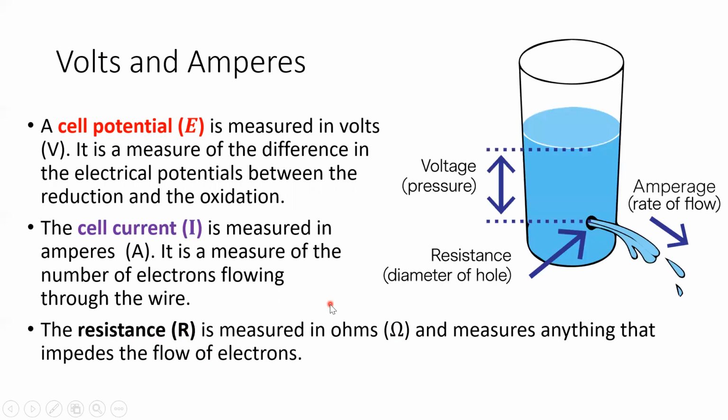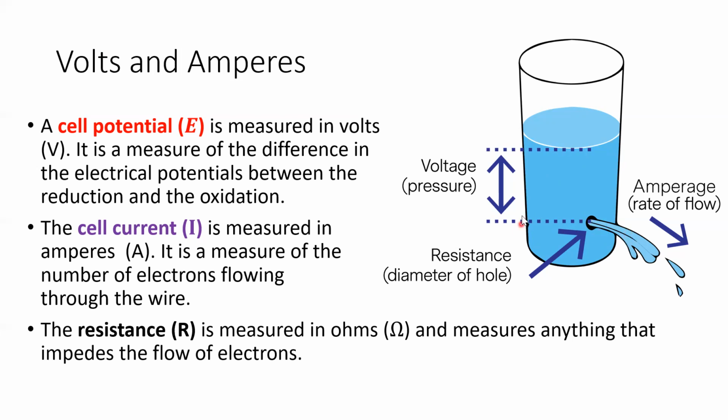Okay, so to summarize this, here's an example. It's not talking about electrons, but maybe it'll make more sense. If we have a cup filled with water, filled to here, and we have a hole, a little bit of the water is going to flow through that hole. If our cup of water is filled to here, we're going to have more water flowing out of that hole.